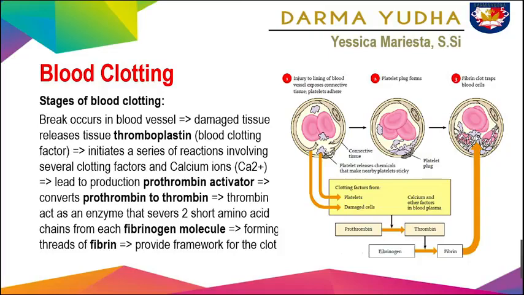The prothrombin activator will convert prothrombin to thrombin, and thrombin acts as an enzyme that severs two short amino acid chains from each fibrinogen molecule. This fibrinogen molecule will form the threads of fibrin, which provide the framework for the clot. So this is how the blood clotting process occurs.